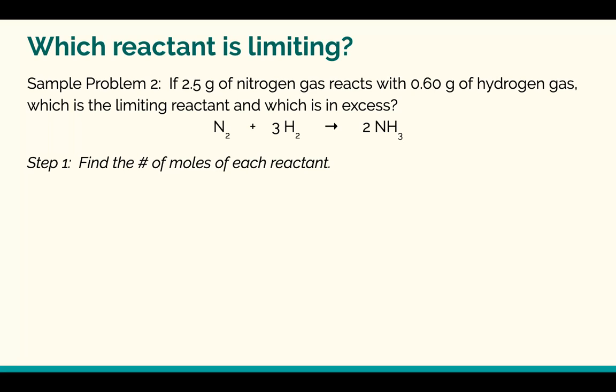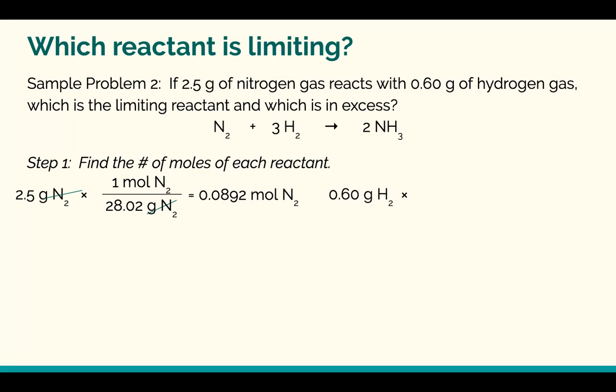So the first thing we need to do is convert those masses to moles. For nitrogen, we're going to use the molar mass of nitrogen, N2, 28.02 grams, to convert the mass to moles. So we have 0.0892 moles of nitrogen.